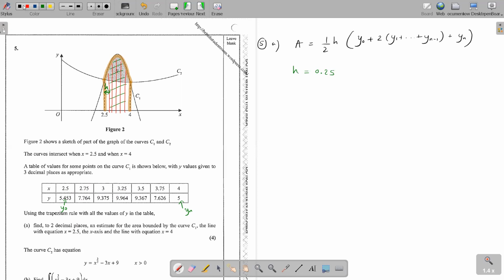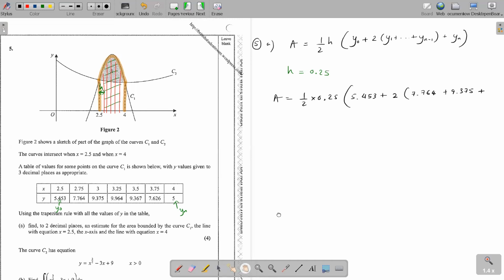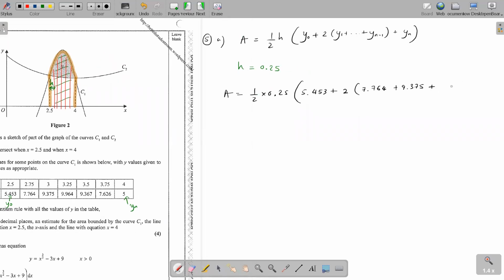So let's apply the trapezium rule now. Area equals half times h, which is 0.25, into y0. So put the y values. Be careful. Don't put the x values. The first y value is 5.453, plus twice the middle y values: 7.764 plus 9.375 plus 9.964 plus 9.367 plus 7.626.